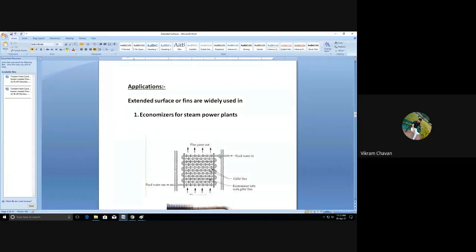Here, through these tubes the cold fluid enters the economizer, and when the hot gases flow over the tubes, the heat will be transferred from the hot gases to the tubes, and from the tube to the liquid present inside the tubes.